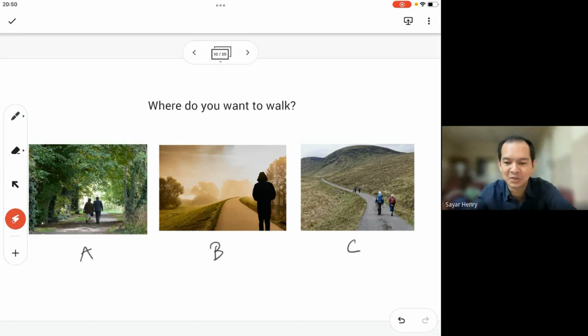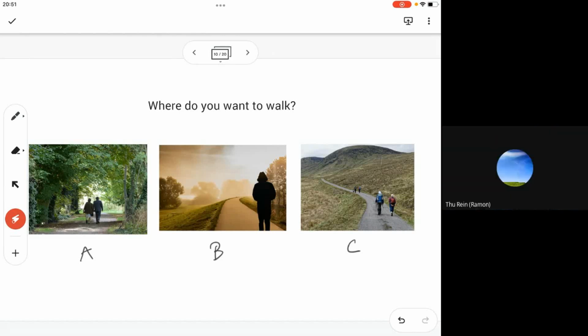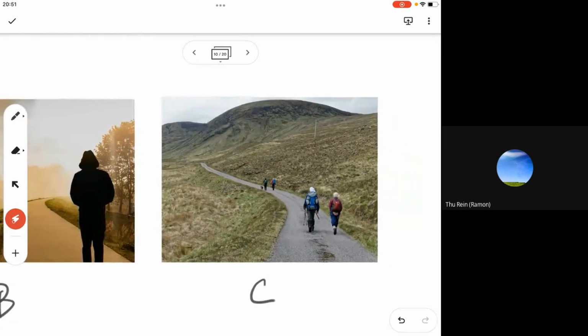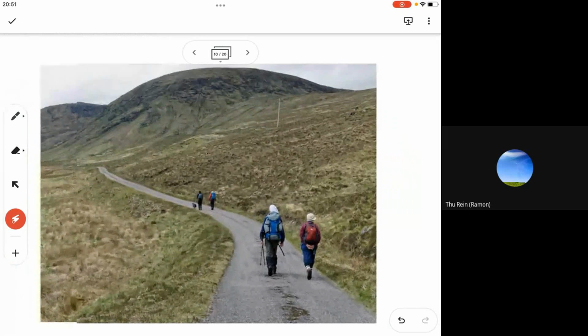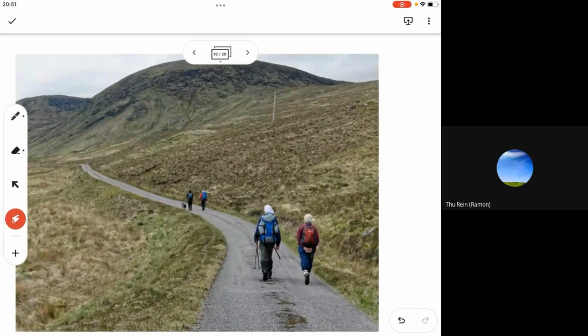What about picture C? The group of people are hiking, and this is a sunny day. Carrying the big backpack, they will feel tired.